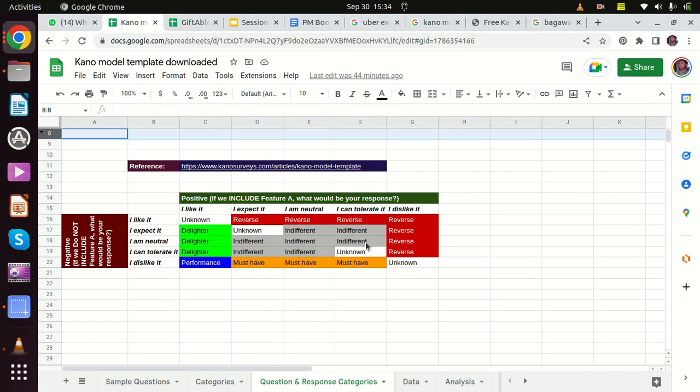In the same way, for a particular feature A, let's say they chose the option I can tolerate it for the dysfunctional or negative question. And for the functional, they say I expect it, again indifferent. They say I'm neutral to the functional question, indifferent. They say I can tolerate it and choose I can tolerate it.